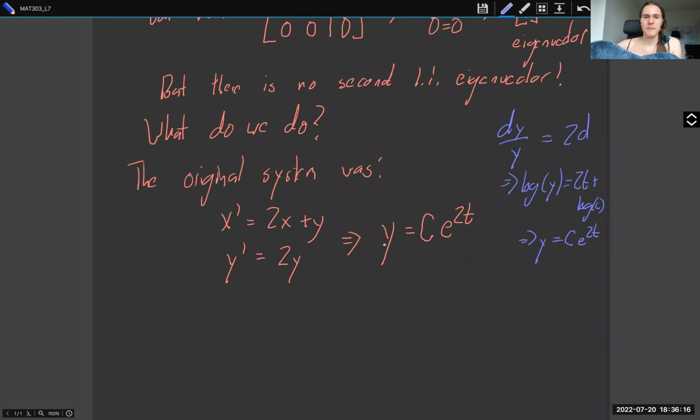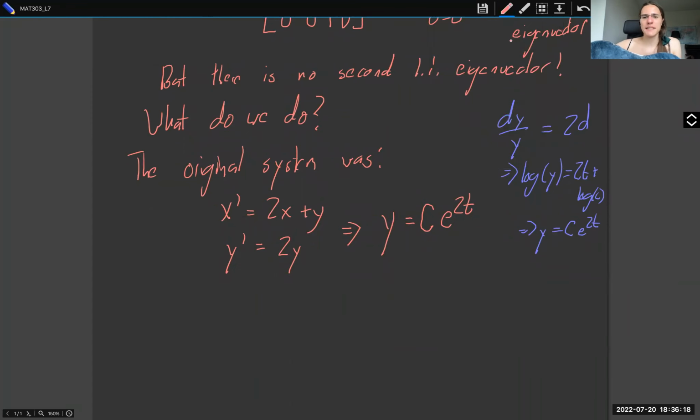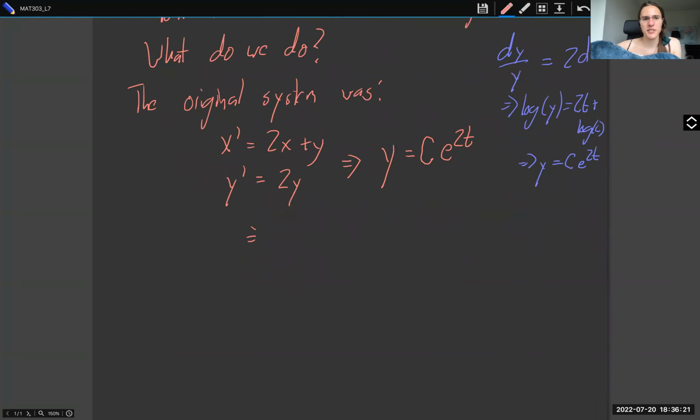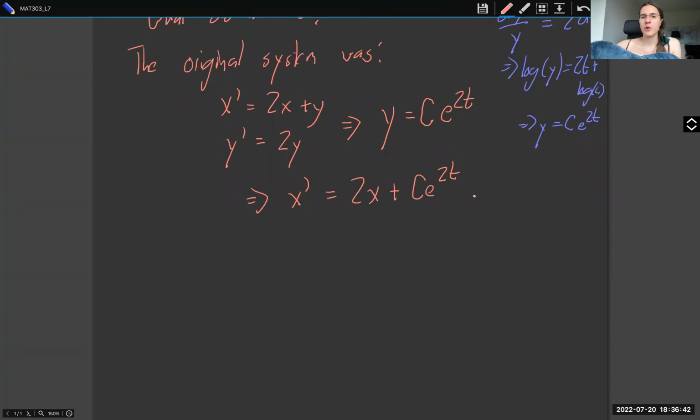Good. Okay, so what happens then is that this reduces to x prime is equal to 2x plus c e to the 2t. And remember that x is a function of t. So it's a bit confusing with our previous things, but in the systems chapter, everything's a function of t, right? So it's fine. Well, what kind of equation is this?